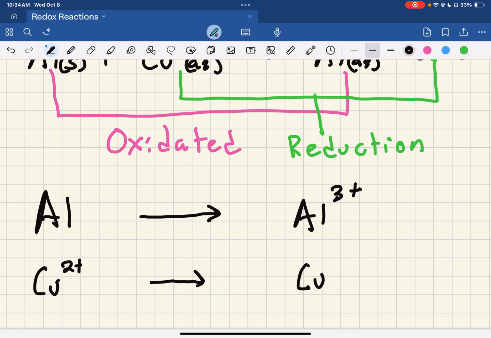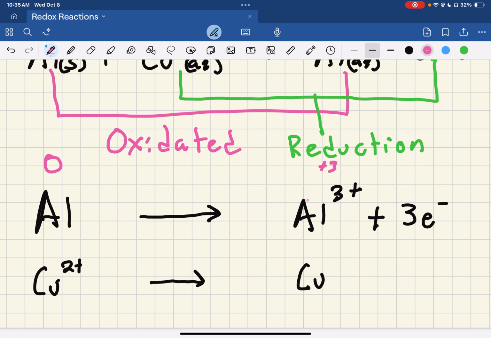In order for us to get from 0, no charge, to positive 3, that means that 3 electrons were lost. If 3 electrons were lost, that's going to happen on the product side, so I'm going to add 3 electrons over here. Now, the way you have to think about this is that each side has a charge. The reactant side has a 0 charge. The product side has a positive 3 right now.